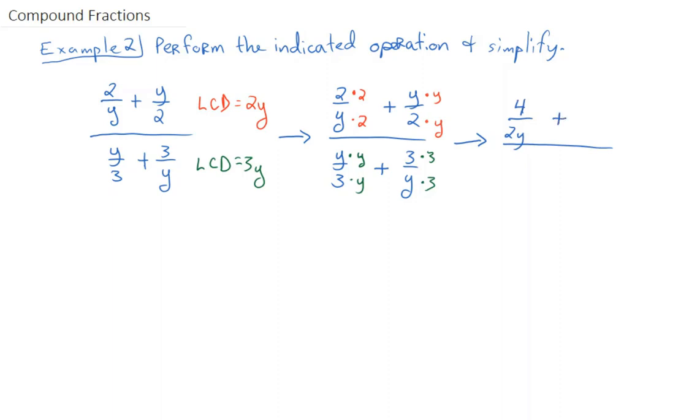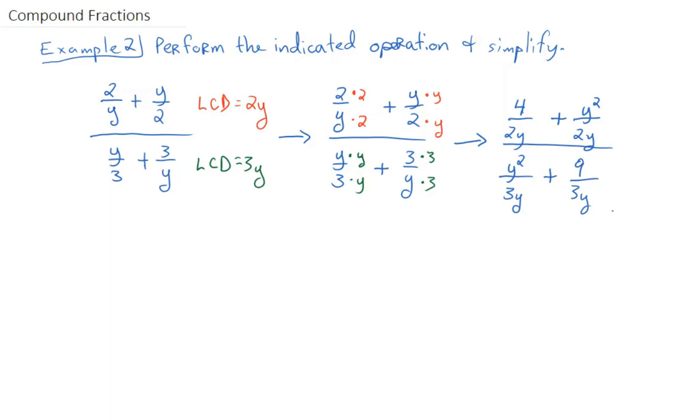And then the second fraction will become a y squared over 2y. Now moving to the denominator, the first fraction in the denominator will become a y squared over 3y. And the second fraction in the denominator will become a 9 over 3y.